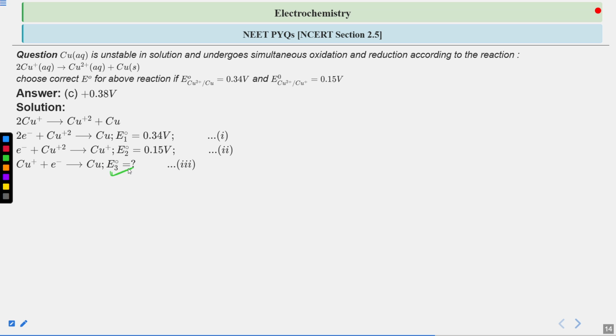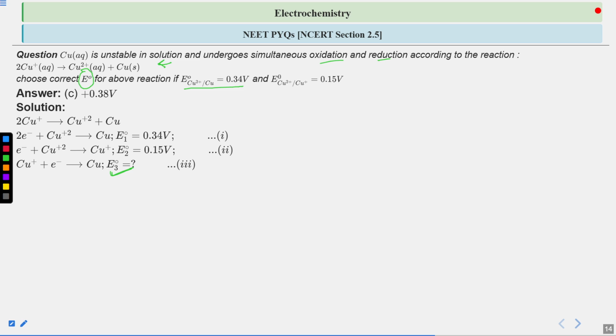Because if you see the question, it is given that copper is unstable in the aqueous form and is going through oxidation and reduction simultaneously according to the given reaction. You have to choose the correct E naught value for this reaction.